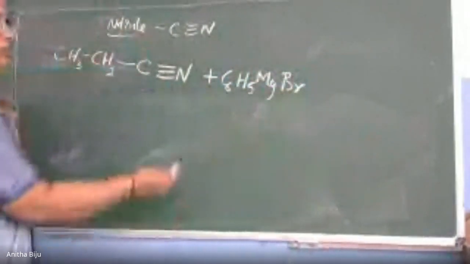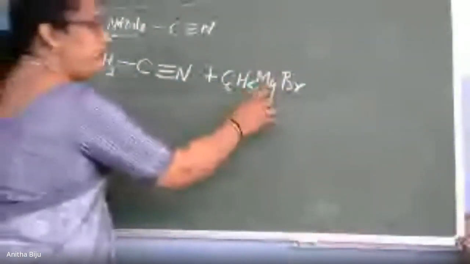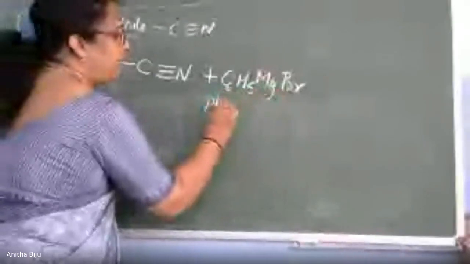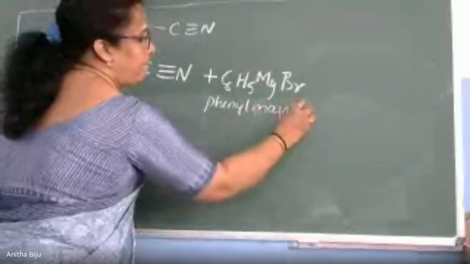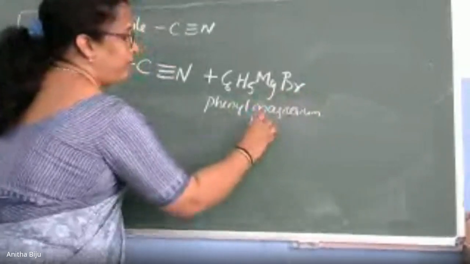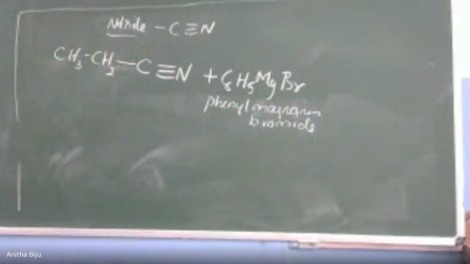You can write the name. This group is called phenyl, and magnesium bromide. Phenyl magnesium bromide.